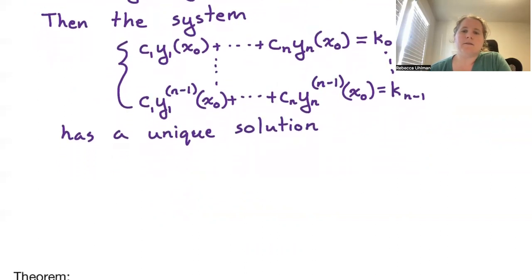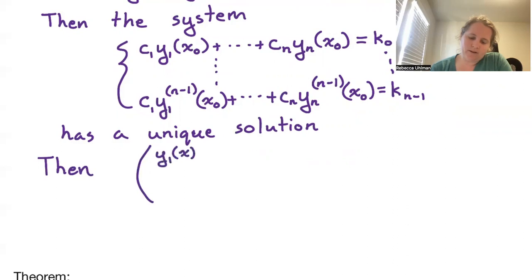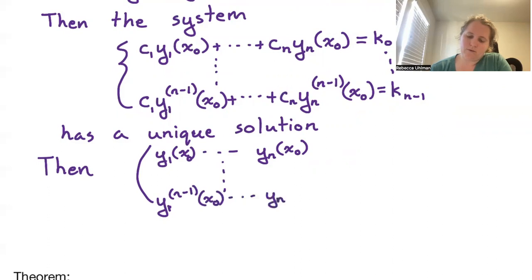Then writing this system with matrices, we have the matrix with y1 of x0 through yn of x0 as our first row, and then all the way down to the n minus first derivative of y1 at x0 through the n minus first derivative of yn evaluated at x0.